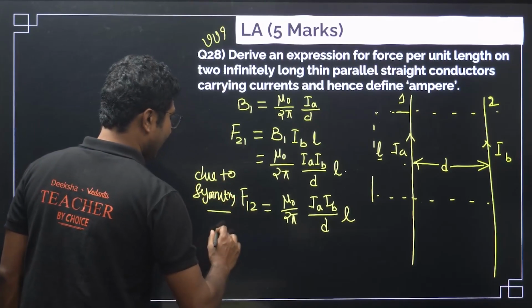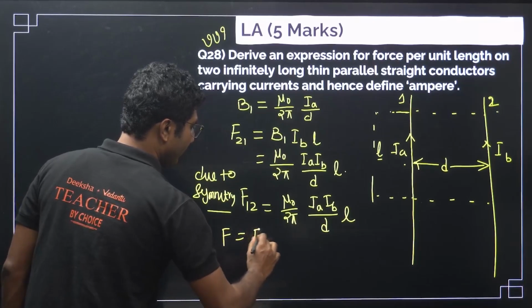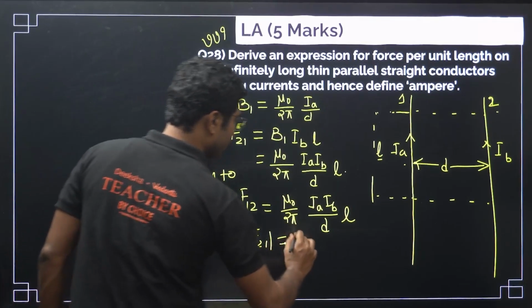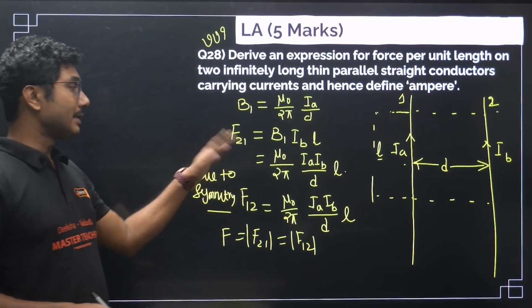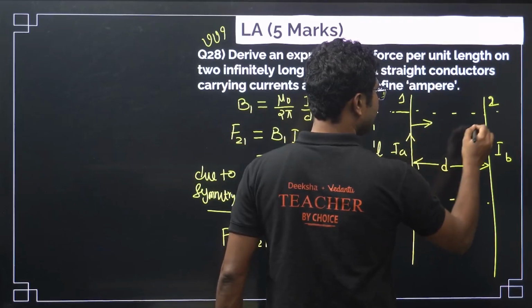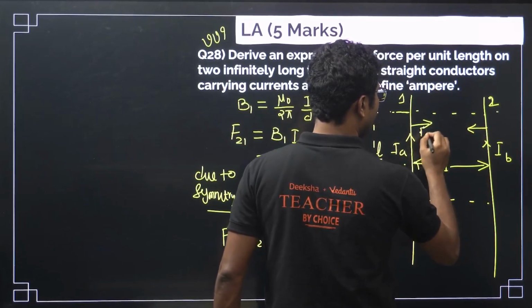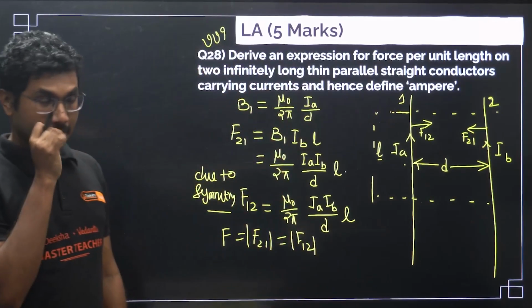Magnitude wise we can write F21 equals F12. According to the third law they are equal but in opposite directions. If this force is in this direction, this will be the force on the other wire. So this is F12, this is F21. They are equal but in opposite directions from the third law.